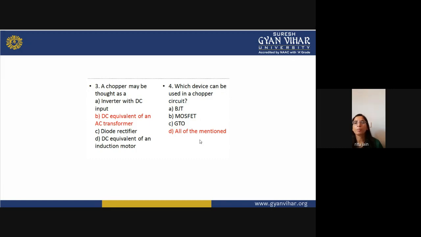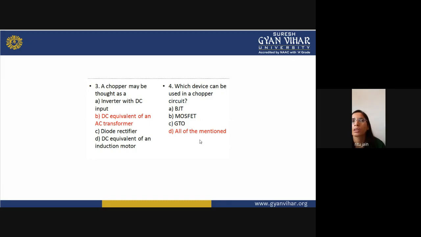Sorry, a chopper may be thought of as the DC equivalent of an AC transformer. So B is the right answer for that.